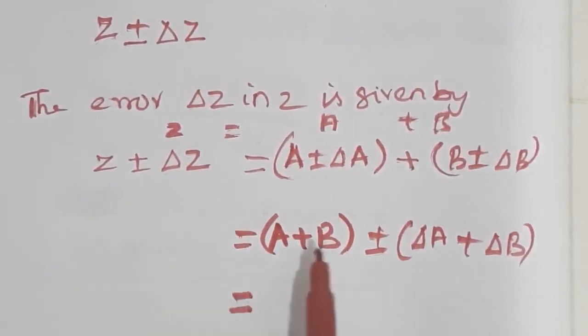This can be written as, what is A plus B? Z. Z equal to A plus B, isn't it?